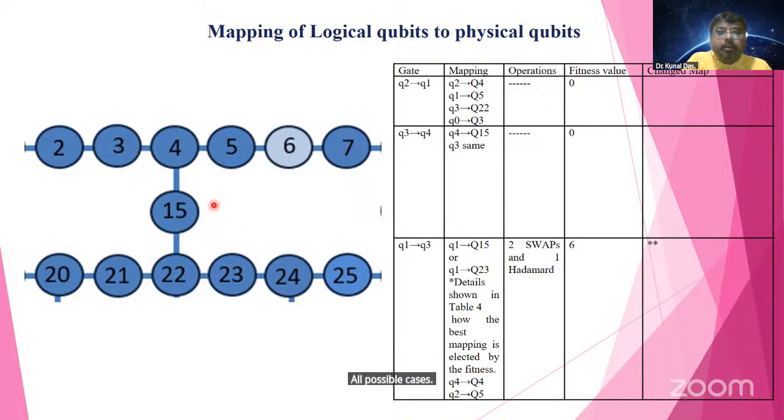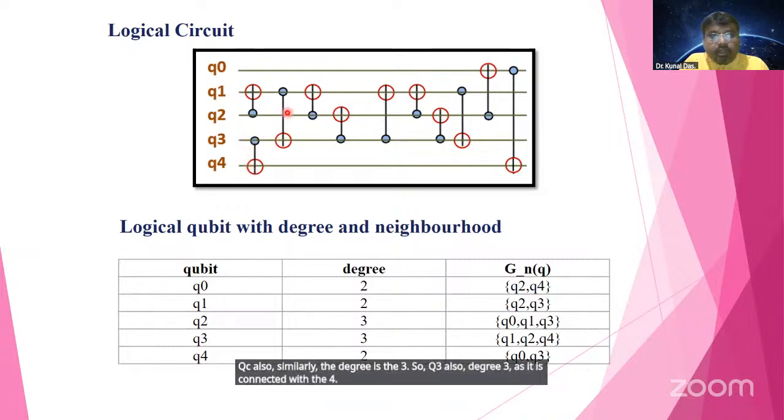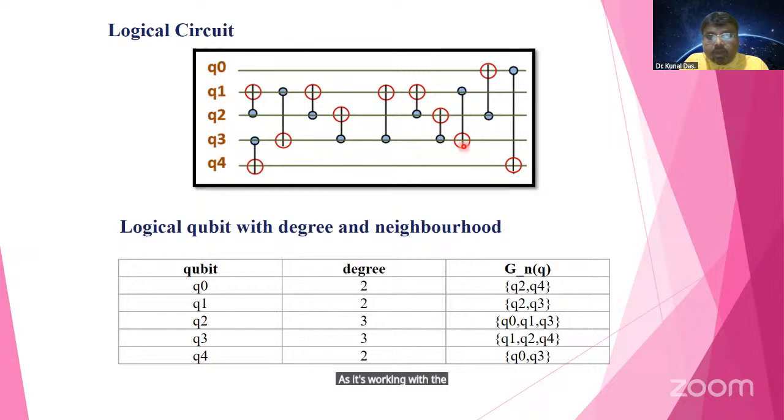Now Q3 to Q4, let us see Q3. Q3 also similarly has degree 3, as it is connected with Q1, Q2, Q4.